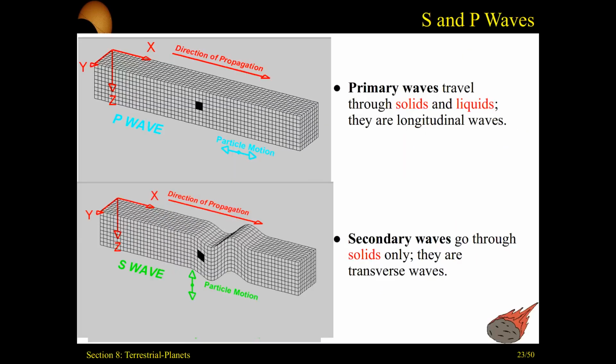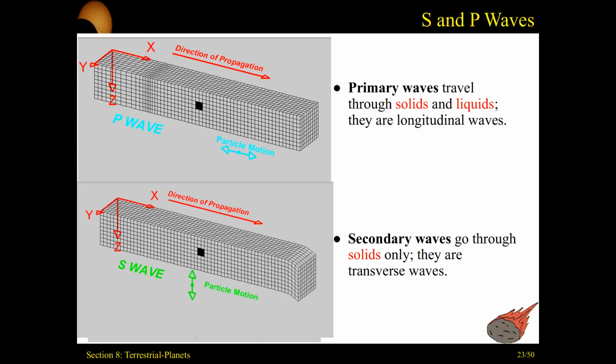Here are some animations to help us visualize what we mean by S and P waves. Look at how the P waves come in. They are what we call longitudinal or compression waves. As the source compresses a region, it will propagate down the material, squeezing and stretching as it goes.